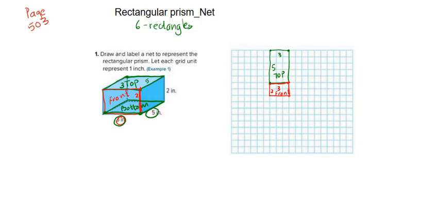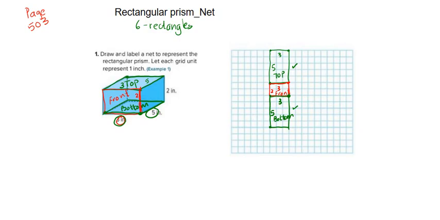So we're going to continue from this part of the front rectangle, which is 3 units, and it's 3 by 5. So 1, 2, 3, 4, 5. This is the bottom rectangle. And you can see I've drawn the bottom and the top rectangle the same color because they are opposite each other. They are exactly the same size.